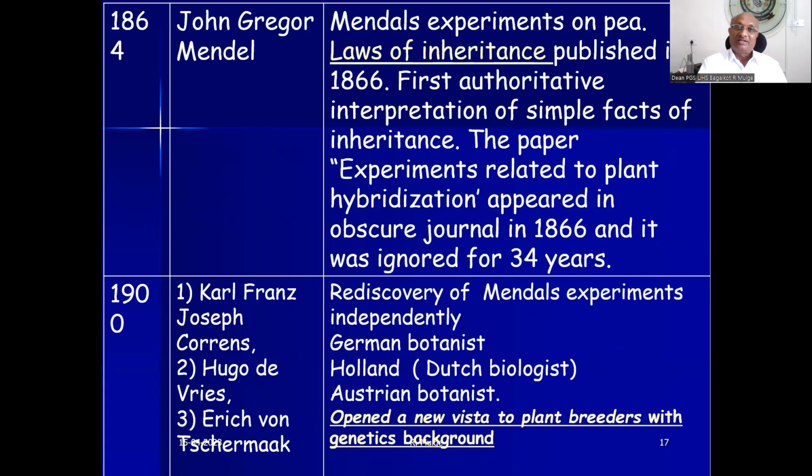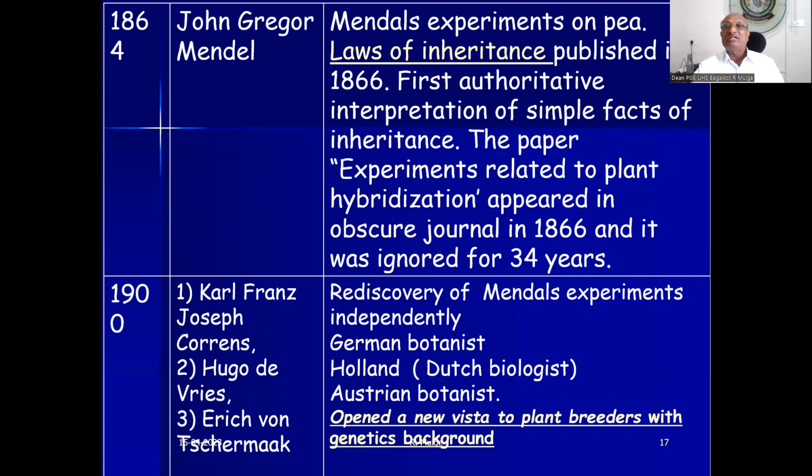The first authoritative, right interpretation. Otherwise, it's just writing, the knowledge, the idea you got, you put in words. But here it is an authoritative interpretation of the facts of inheritance, right? There are factors which get inherited from parents to progeny.